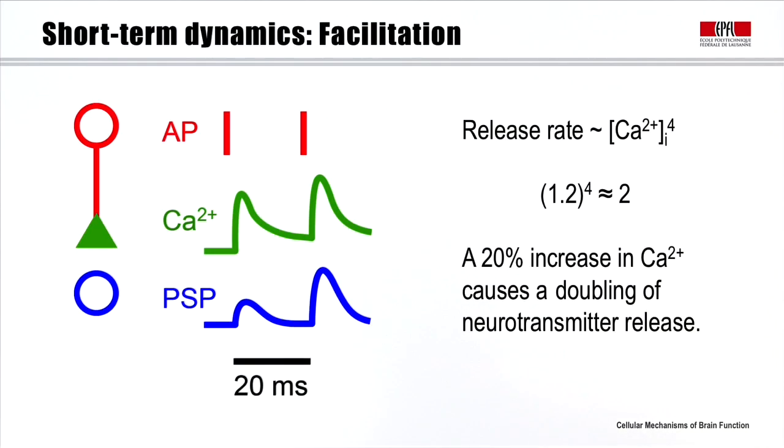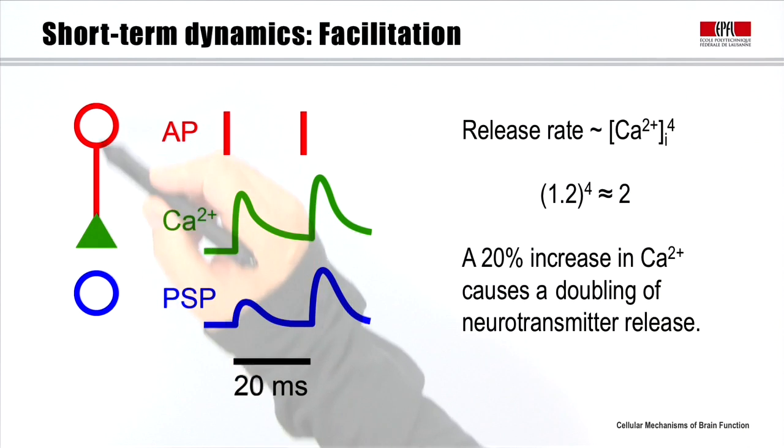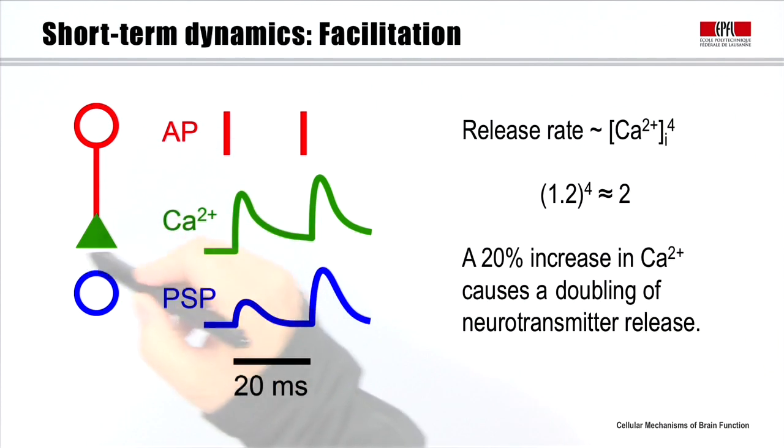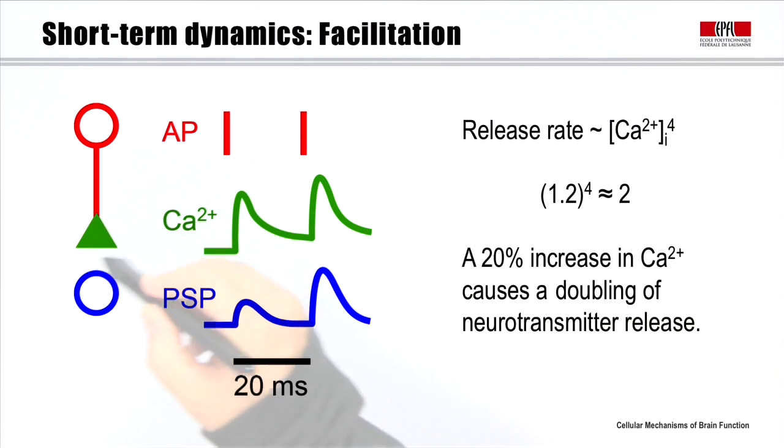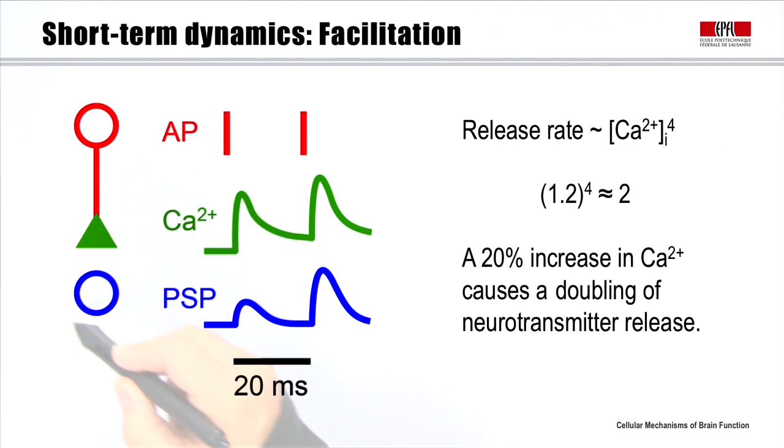We'll begin by thinking about facilitation. In the process of facilitation, we imagine a connected pair of neurons where action potentials in the red neuron propagate down to the presynaptic bouton, calcium influx causes neurotransmitter release, and then postsynaptic potentials are evoked in the blue neuron.